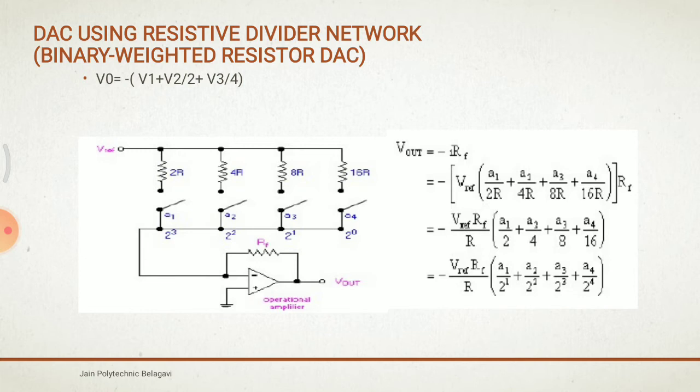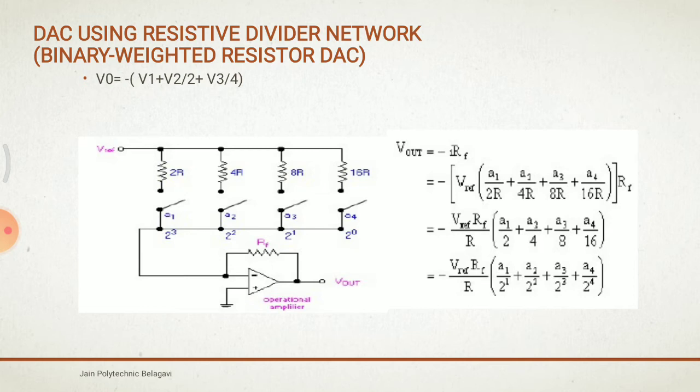The operational amplifier is used as the summing amplifier, which gives the weighted sum of the binary inputs based on the voltage VREF. For the 4-bit DAC, the relationship between the Vout and the binary input is given. For the inverting op amp, Vout equals minus RF times the sum, so substitute these values.